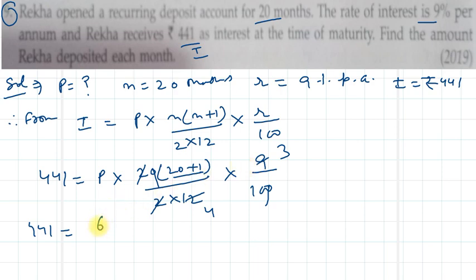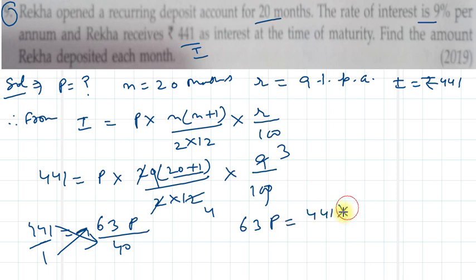This has become 63P upon 10, 4 10s are 40. Now we will do cross multiplication. So 63P would become 441 into 40. P would become 441 into 40 upon 63.